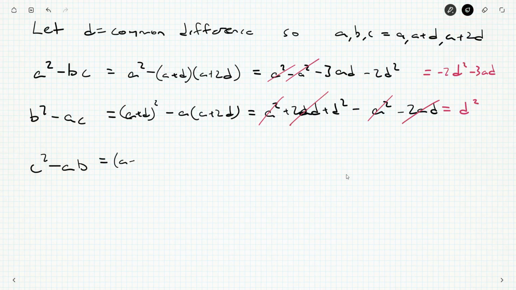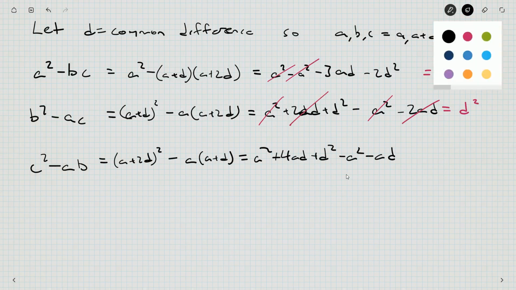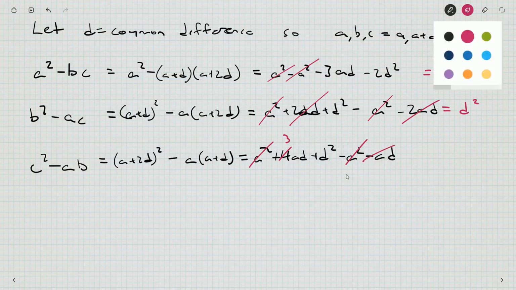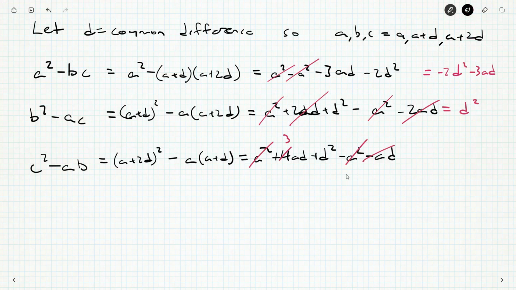And now A plus 2D all squared minus A times A plus D is A squared plus 4AD plus 4D squared minus A squared minus AD. So once again, the A squareds are going to cancel. This guy will cancel with one of these. We get D squared plus 3AD.